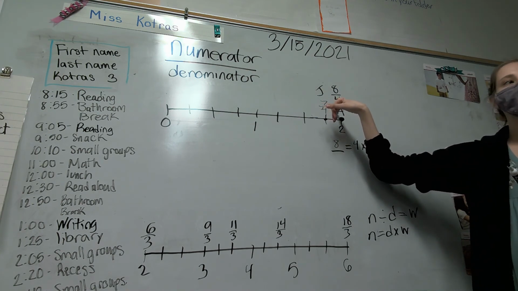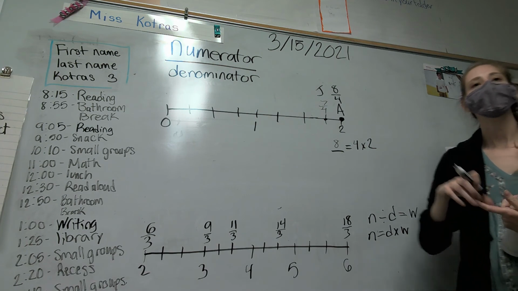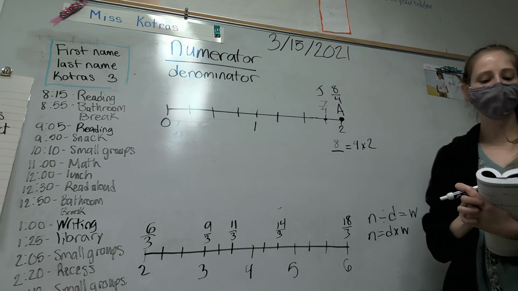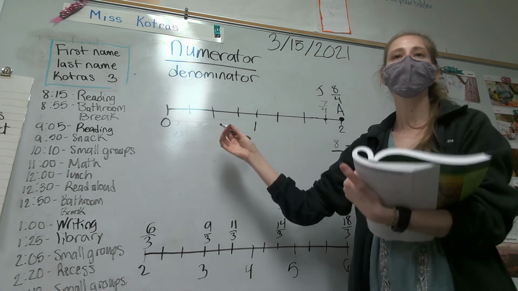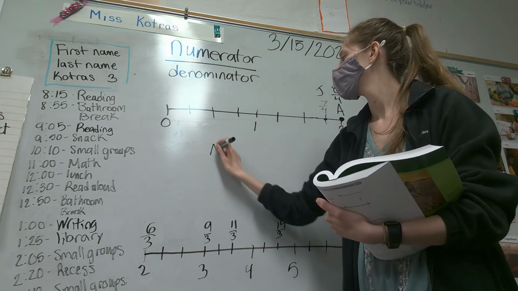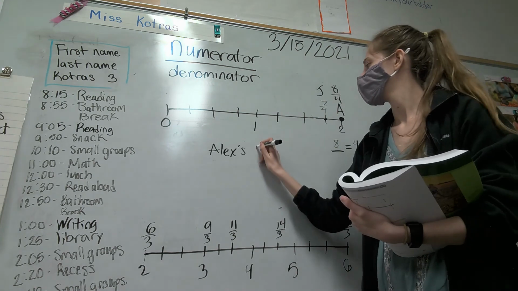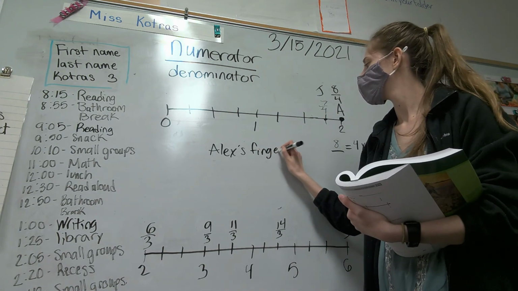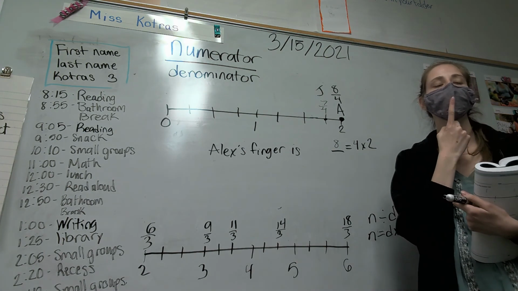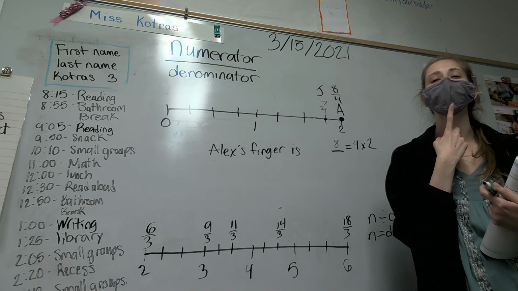J for Jeremiah. Whose finger was longer? Ricky, whose finger was longer? A for Alex. So what should our written part be? Alex's finger is, we've been talking about comparing adjectives.